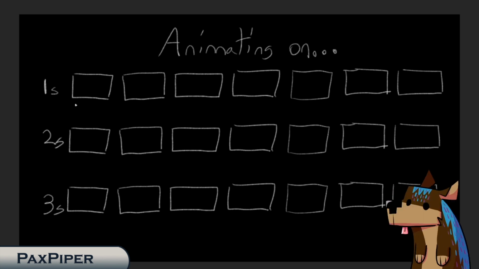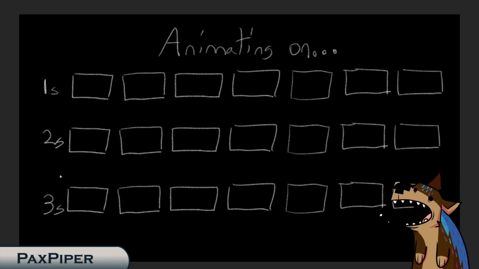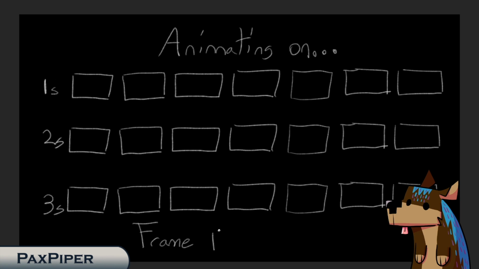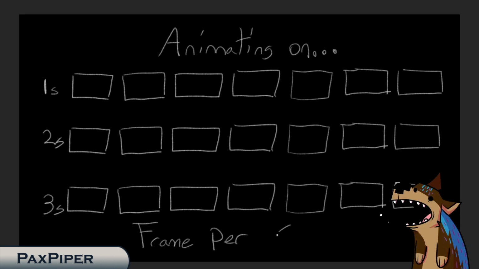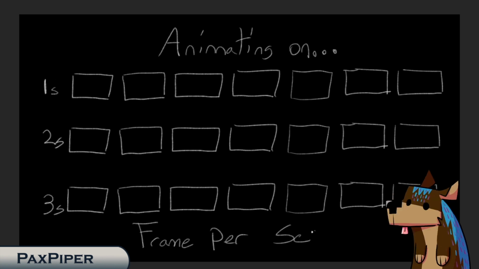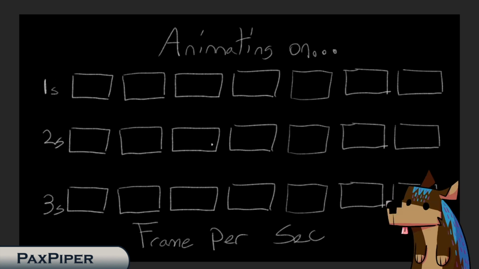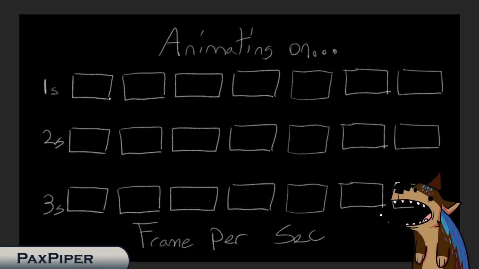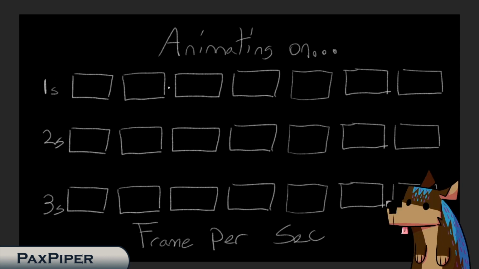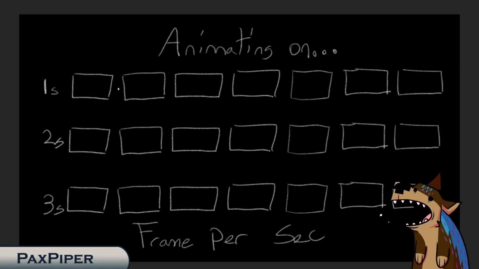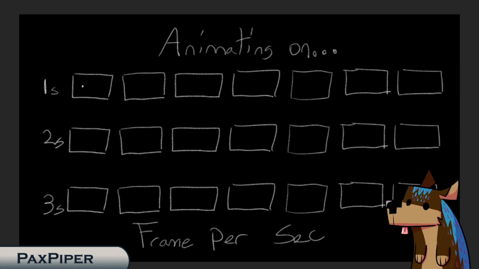Well, this is frames per second, all right? So, how many frames per second? So let's write frames per second. So this is how many frames you'll get in a second, and you'll kind of understand most of this. So 1s is, think of traditional Disney animation.